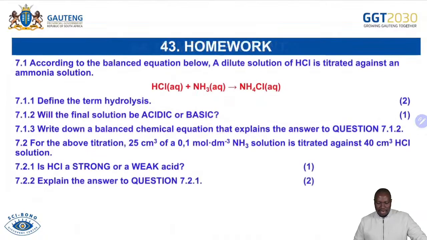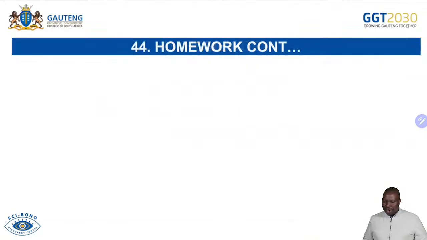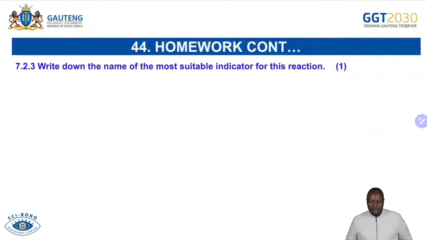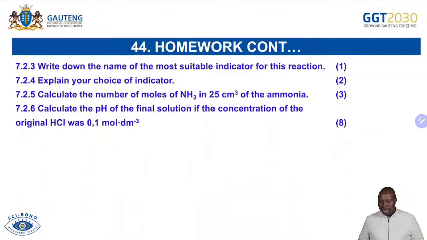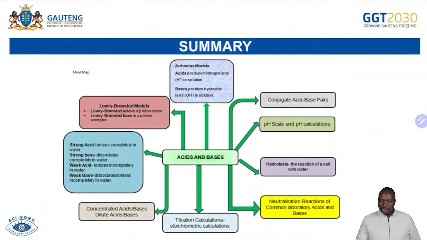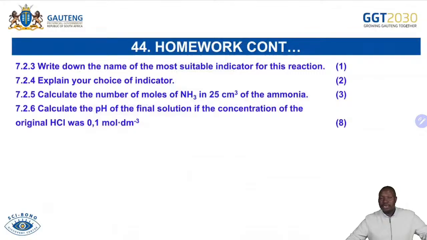Maybe if I go back one page so that you are able to have that for your homework, and then we move to the next page so that you can copy this one as well. You can take the picture and have it with you so that you can practice the question.